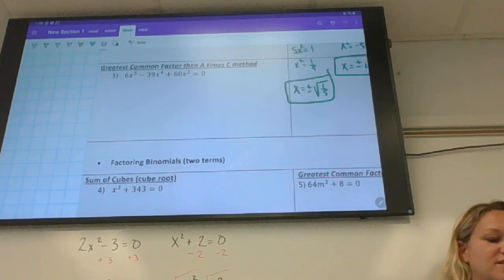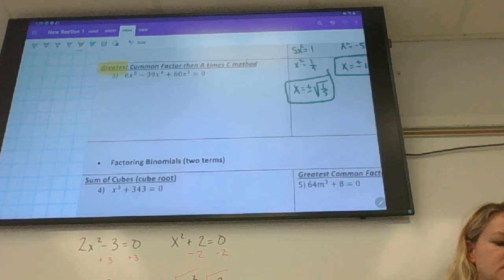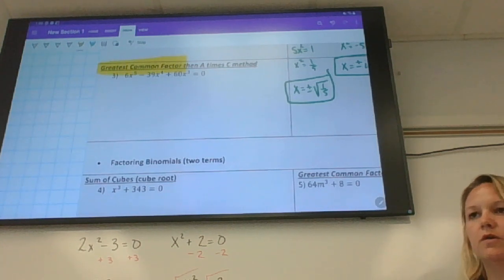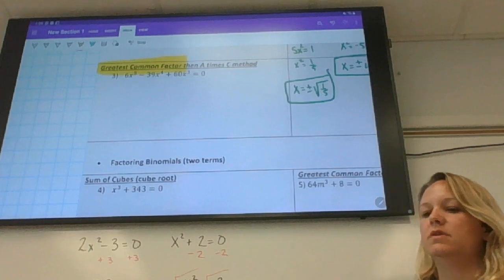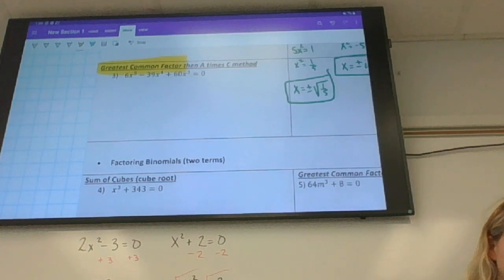Cube rooted. Yeah. All right, so this example has the greatest common factor in it. On your quiz, I'm not going to tell you if there's a greatest common factor. All three of these numbers divide by 3, and they all have at least x to the third in them.